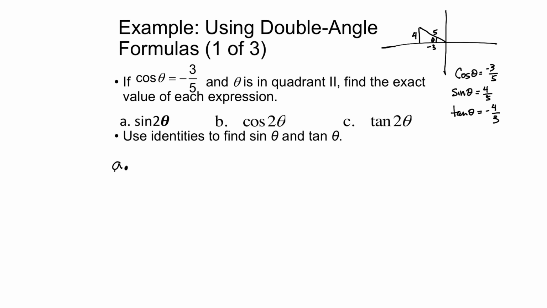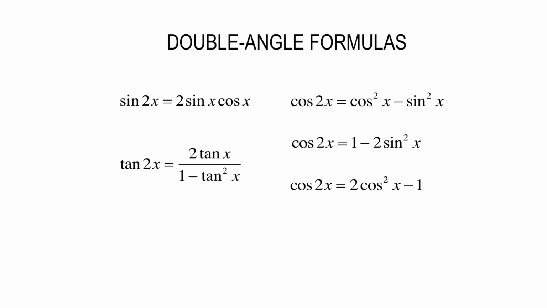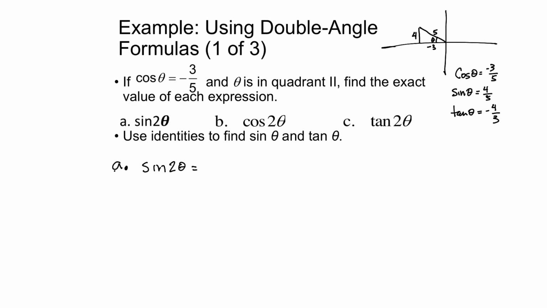So with A, we're wanting to rewrite sine of 2 theta. Let's take a look at the identity that we had there. We saw that sine of 2 theta is equal to twice the sine of x cosine of x. So we're just going to write that 2 sine theta cosine theta.